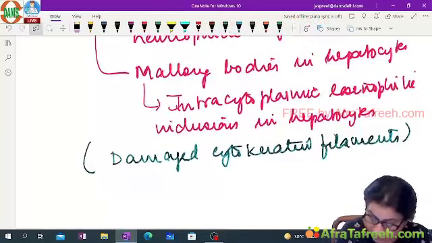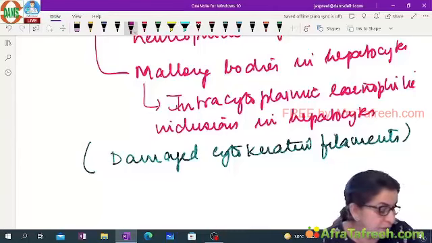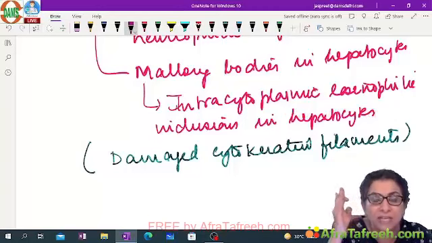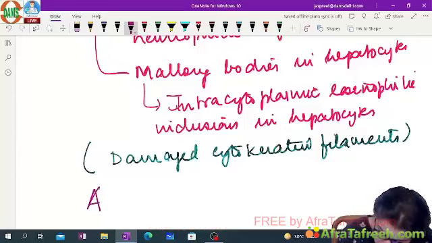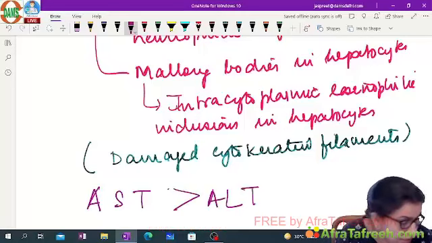Okay, now in alcoholic hepatitis, if you look at liver enzymes, we already know in alcoholic liver disease, aspartate aminotransferase, AST, is elevated more than ALT. How much more than ALT?